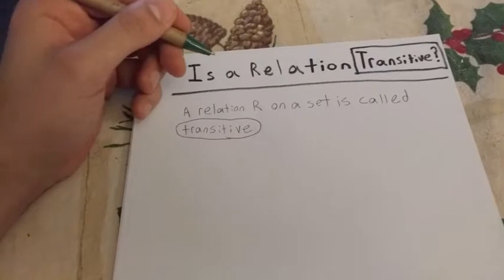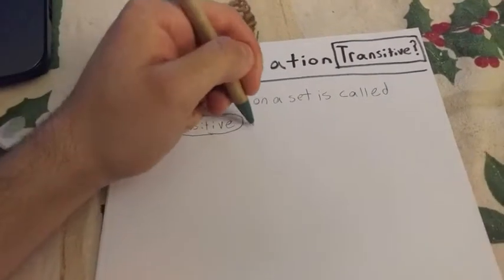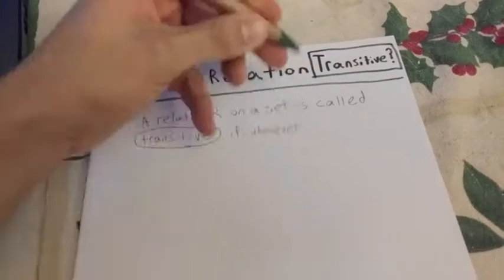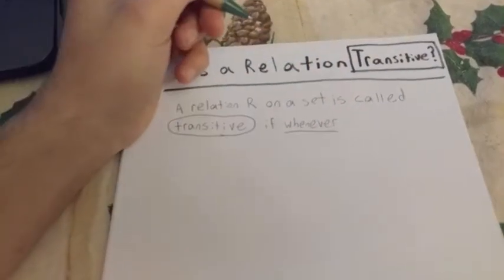So our relation is going to be called transitive if, whenever, and I'm going to underline the word whenever because that's particularly important.